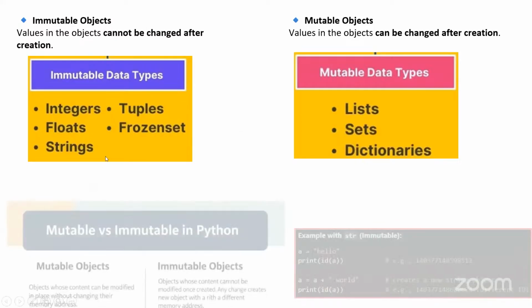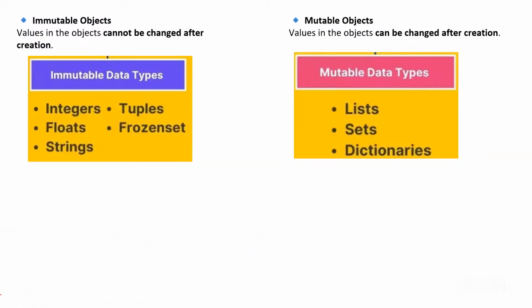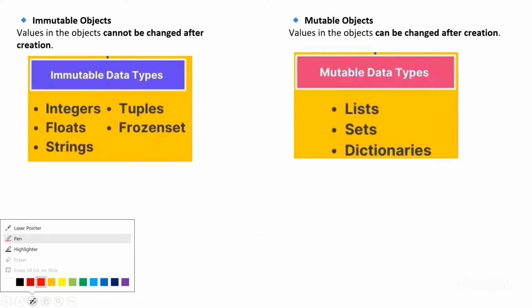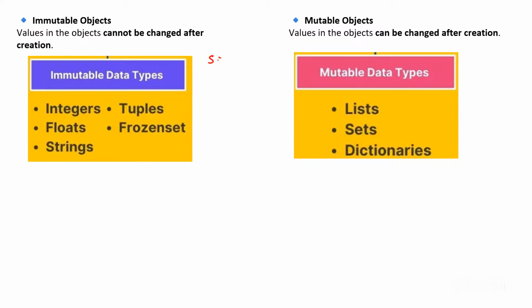But when I did s is equal to Python, then s is equal to Python 2, you changed the value, right? Then is immutable a right definition?